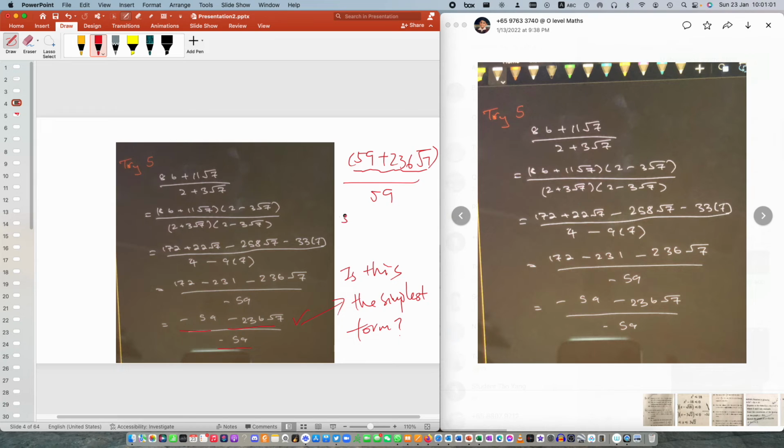So you take out the 59 above, so 1 plus 4 square root 7. With this, you can delete the 59 and you end up with 1 plus 4 square root 7. So this is the given answer, right? Yeah, this is the given answer.